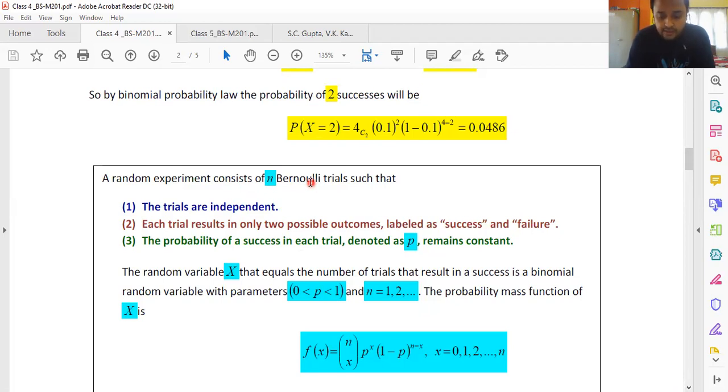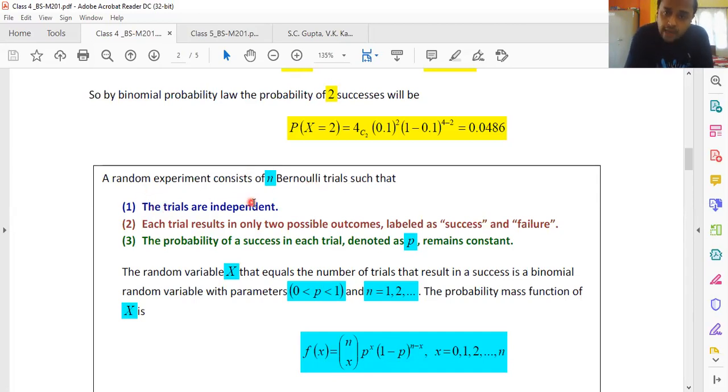Also, we have observed that the trials are independent of one another. I have already told you that.